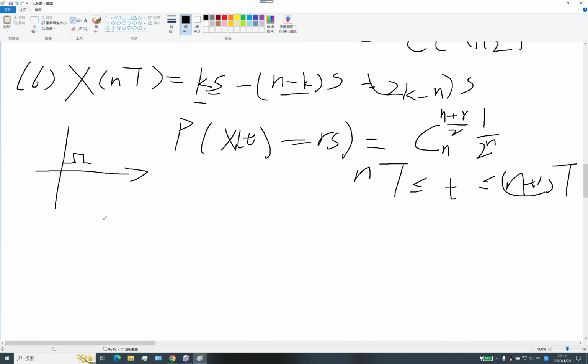So the mean value is 0 because we have the same probability of head and tail.